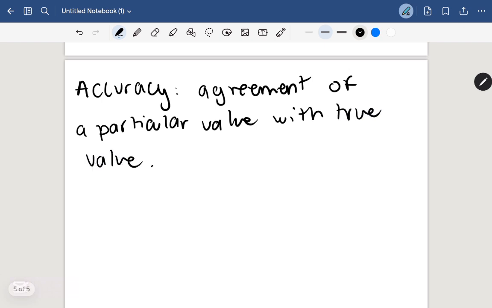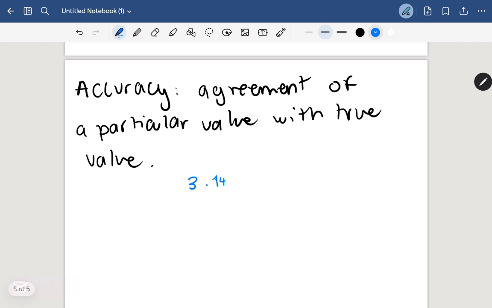So very simply, accuracy, you want to see how accurate your number is. You will see how much it agrees with the true value of this number. For example, a very famous example is pi accurate to 2 decimal places is 3.14.